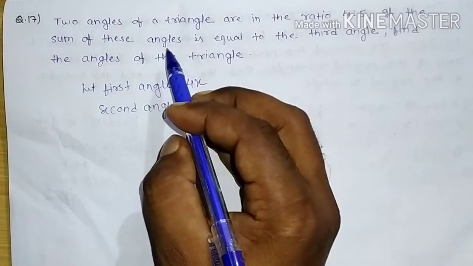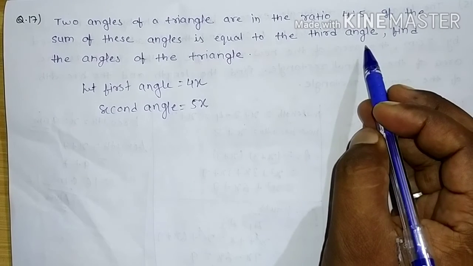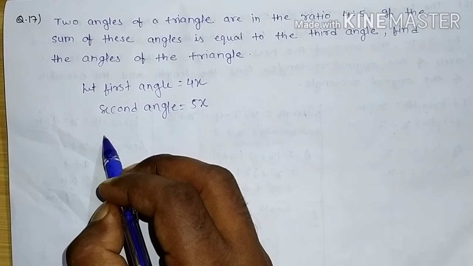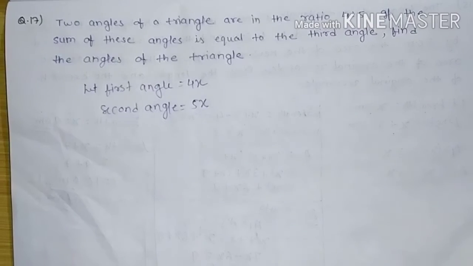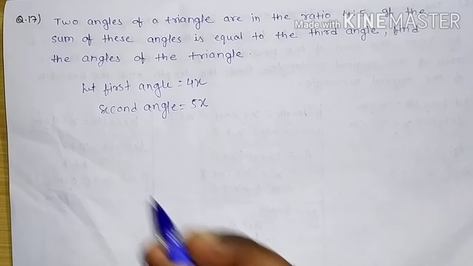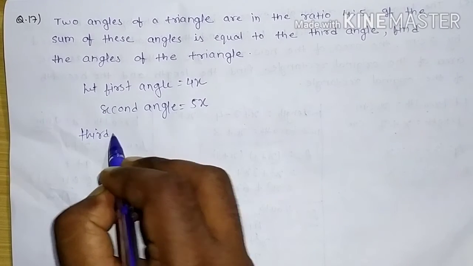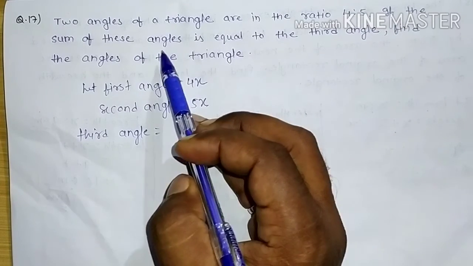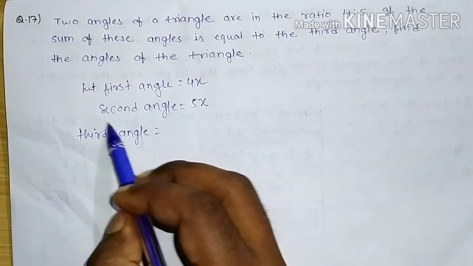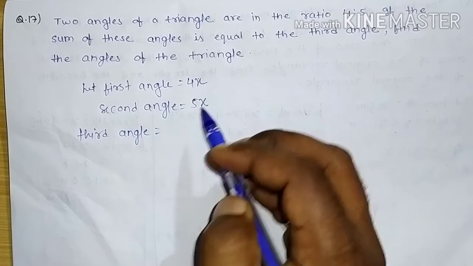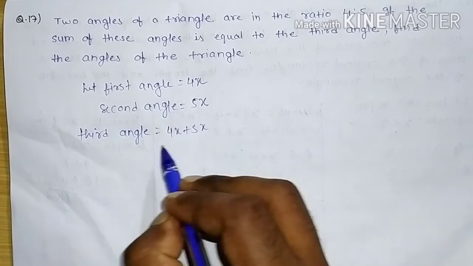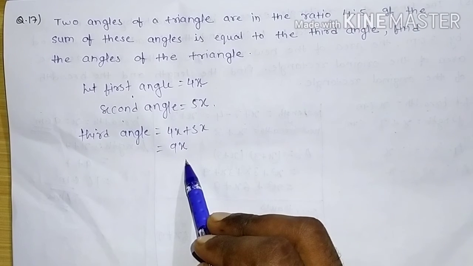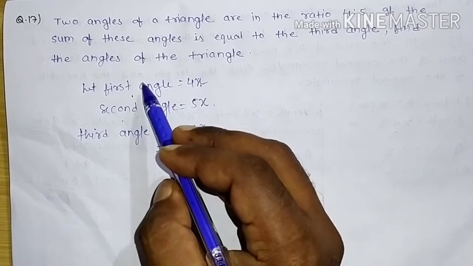If the sum of these angles is equal to the third angle, so the third angle will be, according to the question, if the sum of these two angles is equal to the third angle, that means the third angle is the sum of these two angles, that means 4x plus 5x, that is 9x. So the first angle is 4x, the second angle is 5x, and the third angle is 9x. Here we have to find all these three angles.